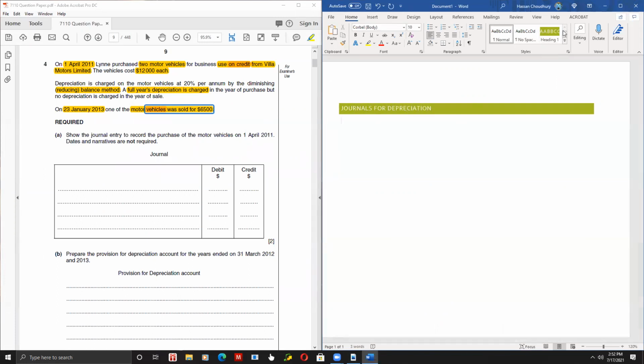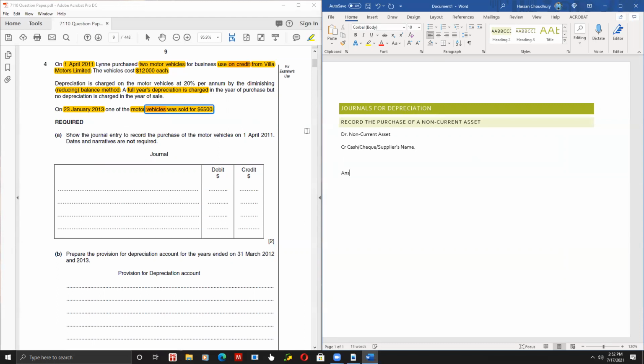Now the first thing is record the purchase of a non-current asset. So when you buy a non-current asset, the answer is simple. Debit non-current asset. Credit is cash, check, or the supplier's name.